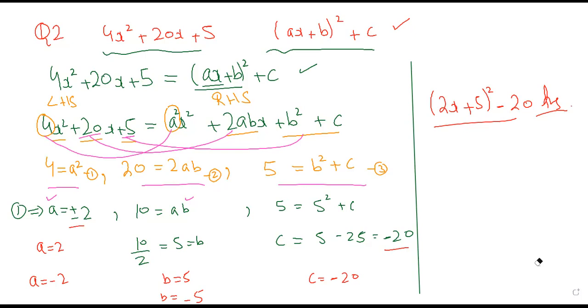Miss, I used another method. Miss, can I show you that one? Yes, sure. You can send me the image on WhatsApp. Okay, Miss, wait a second. Let me just do it quickly.